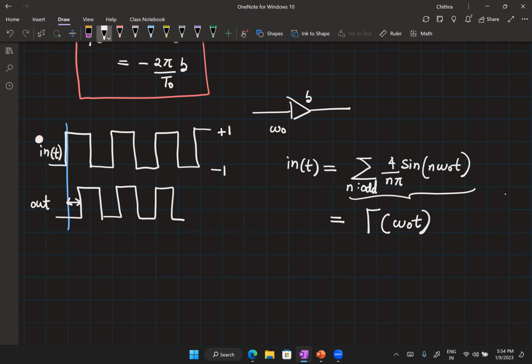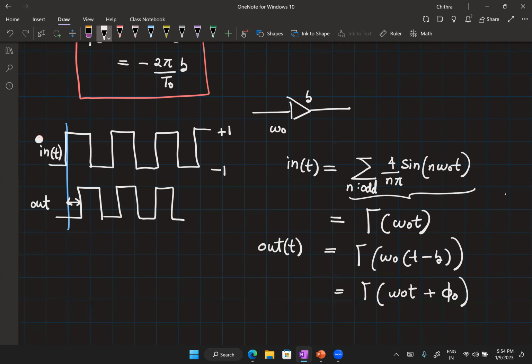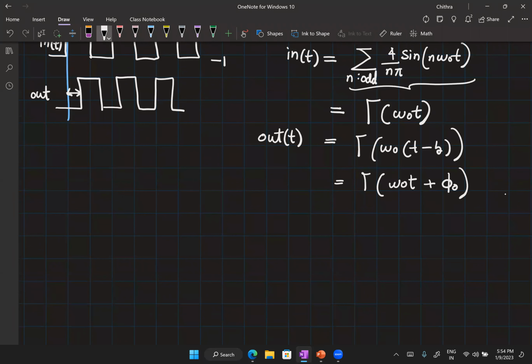Okay, then it becomes very clear. So my out of t is still equal to gamma of omega naught into t minus delta. So this gives you gamma of omega naught t plus some phi naught, where this phi naught is now minus omega naught delta.